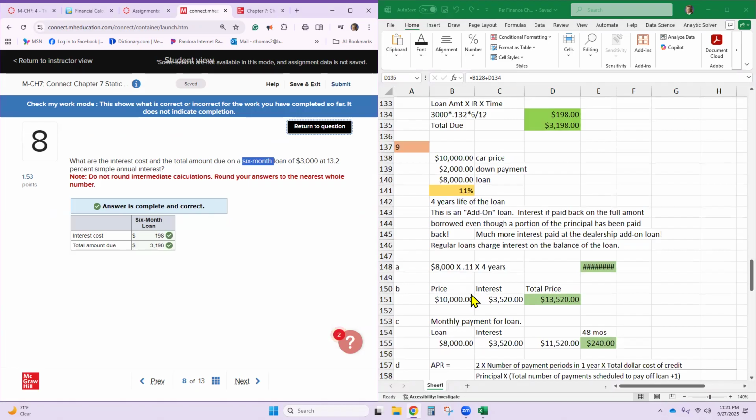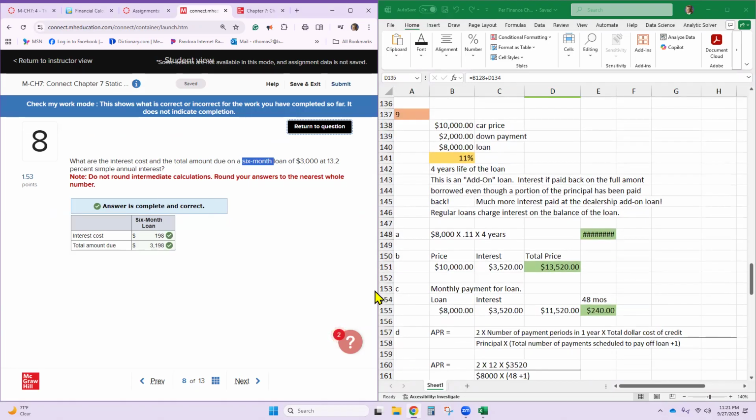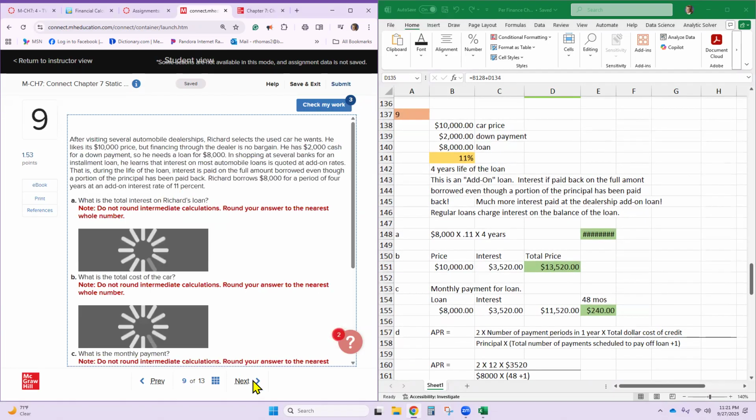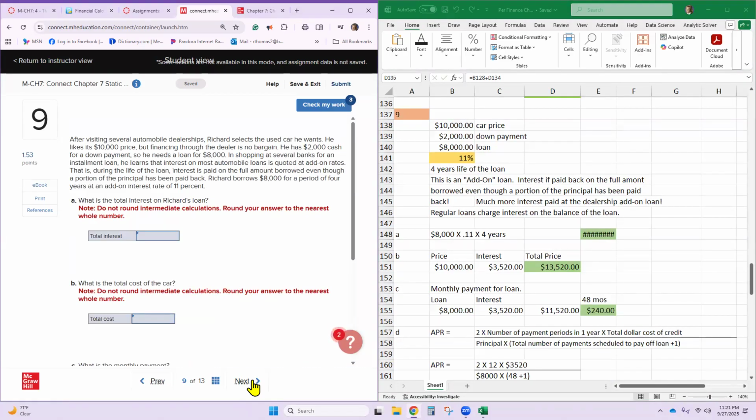Number 9. This next one is a little bit more complex. It has to do with buying a vehicle. After visiting several automobile dealerships, Richard selects the used car he wants. He likes its $10,000 price, but financing through the dealer is no bargain. He has $2,000 cash for a down payment, so he needs a loan for $8,000.